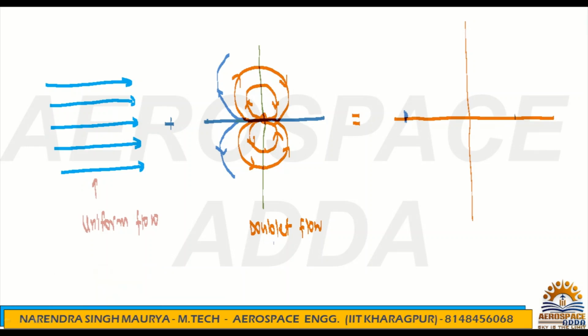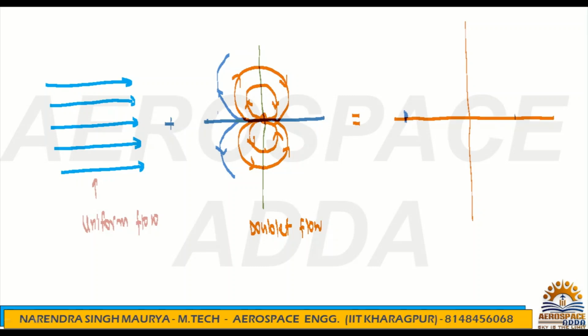Doublet is also a special pair of source and sink. There the source and sink were placed at a distance 2a, but here the source and sink distance is almost eliminated, so it is existing at the same point. Because the source and sink were 2a distance apart, that time you got an oval shape.